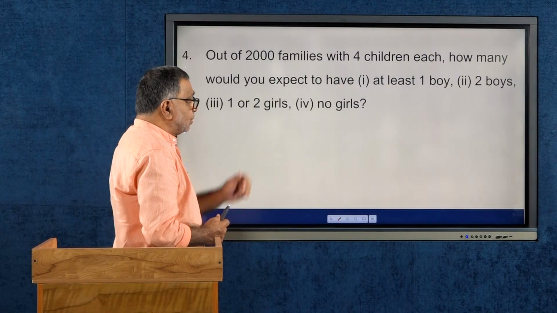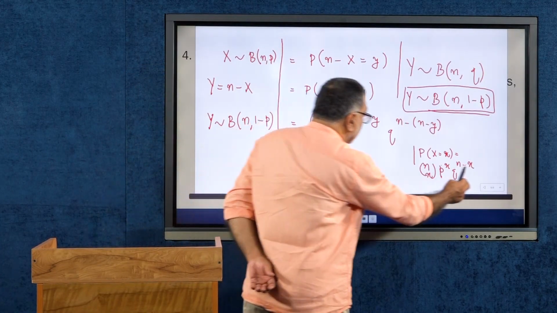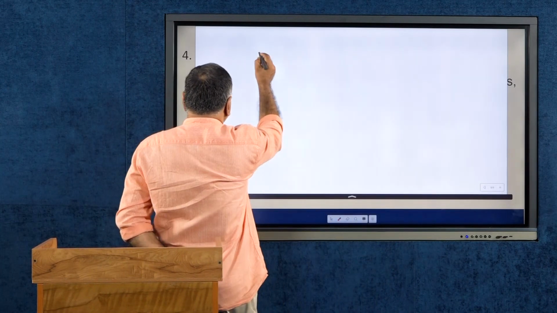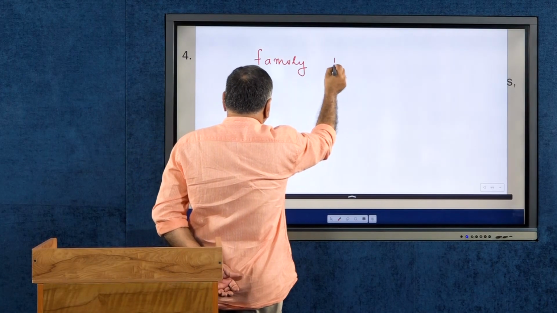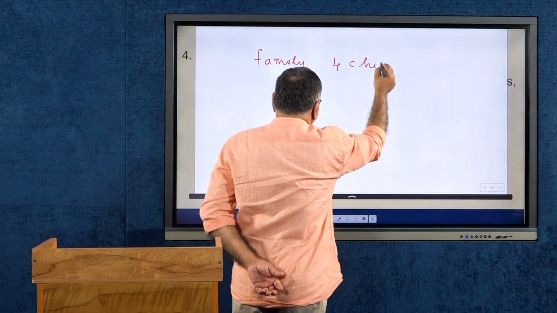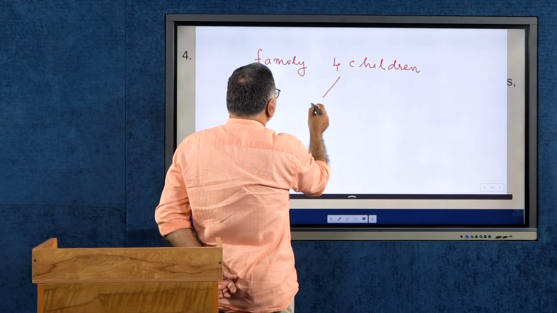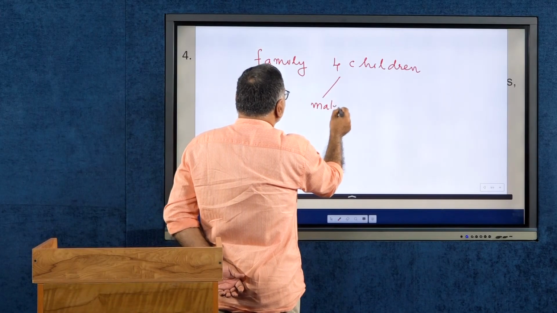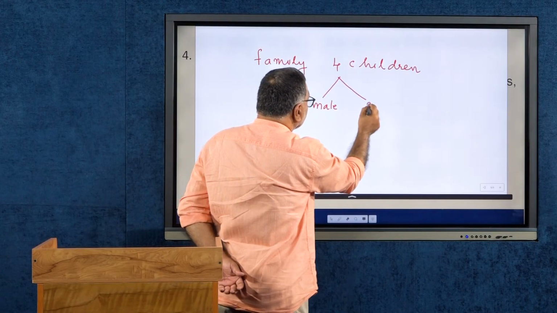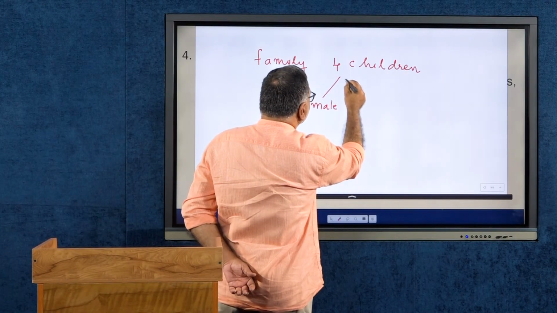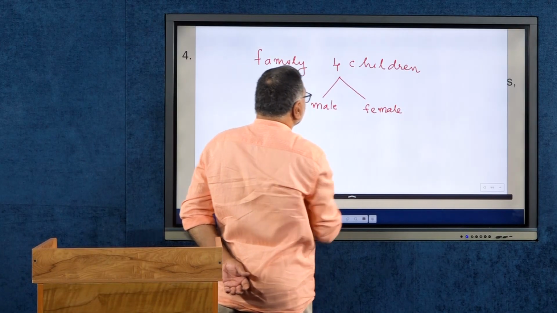See, what is the situation here? You have a family with 4 children, and each child may be male or female.